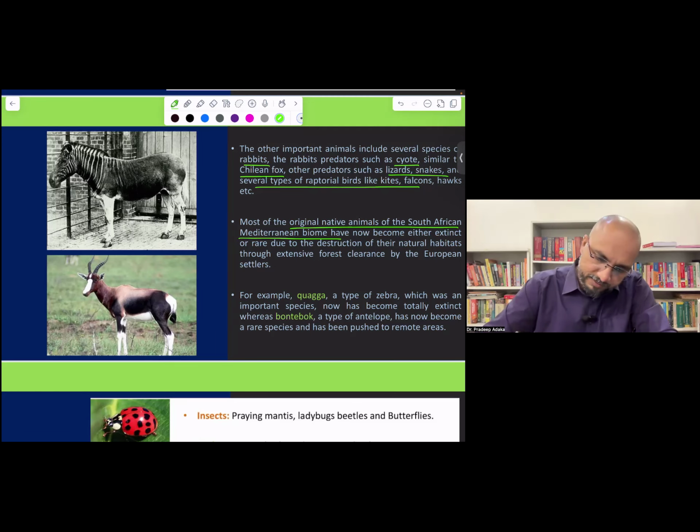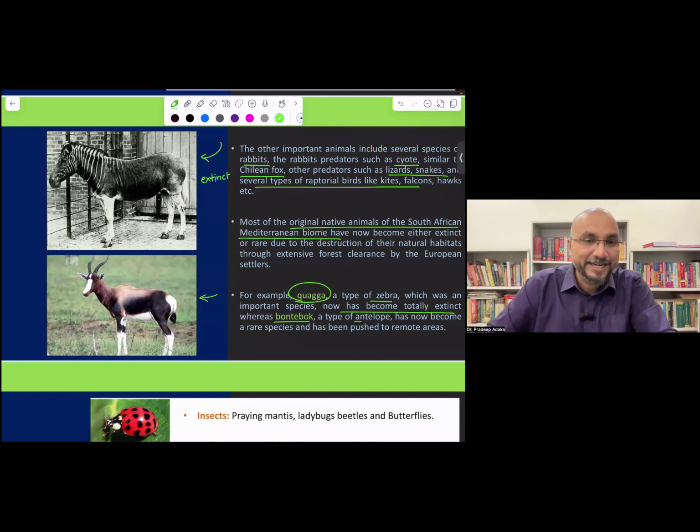So, for example, quagga, which is a type of zebra. It was an important species which has now become totally extinct. Whereas bontebok, so this is your bontebok.